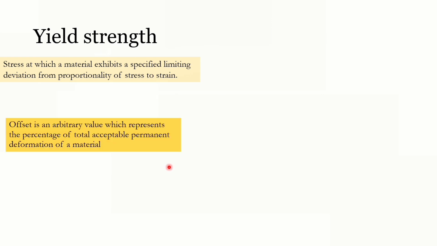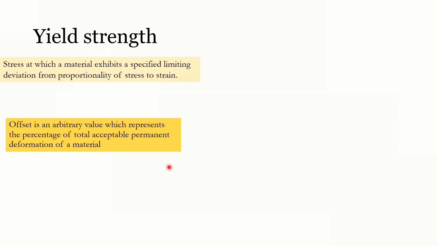So next is yield strength. Yield strength is the stress at which the material will exhibit a limiting deviation from proportionality, that is, it is a point beyond the proportionality limit where stress is no longer proportional to the strain. So it is a limit of tolerable permanent strain. Now there is an arbitrary value called offset, which represents a percentage of acceptable permanent deformation.